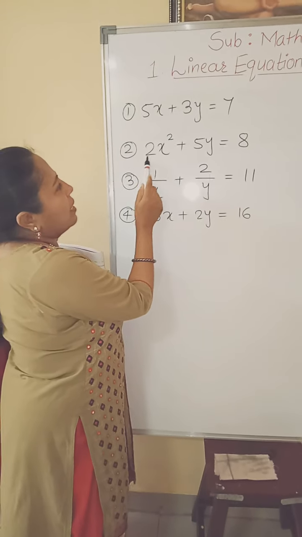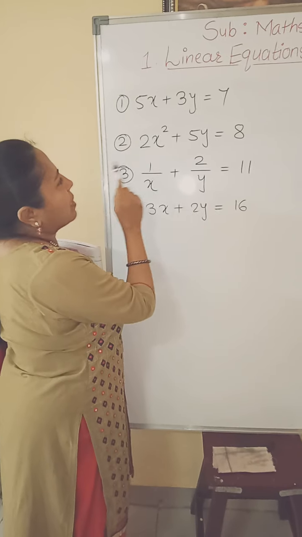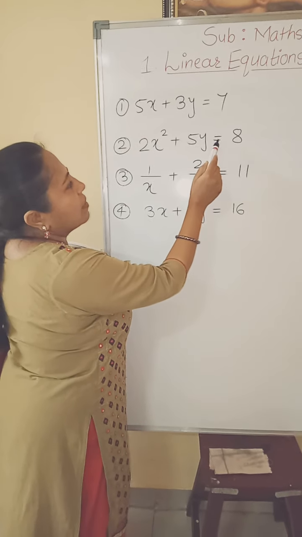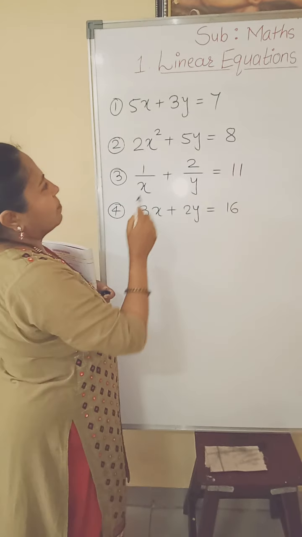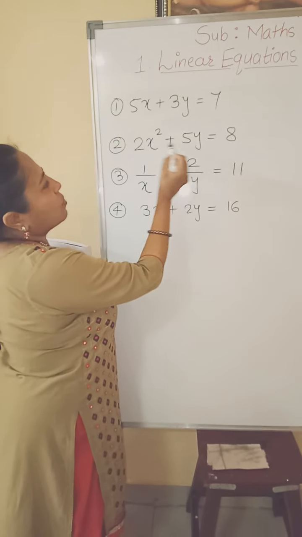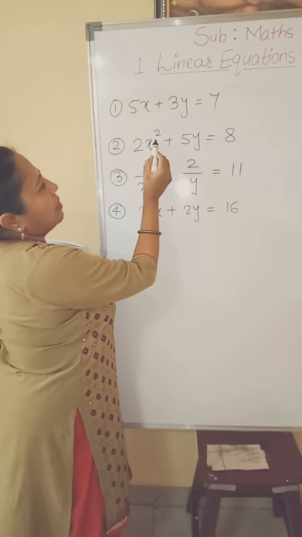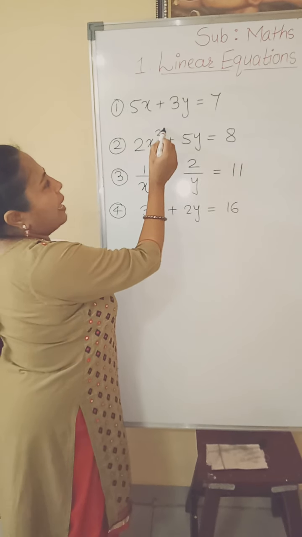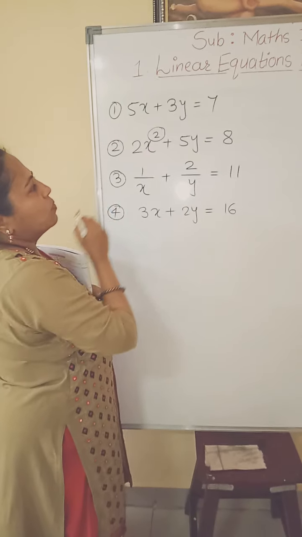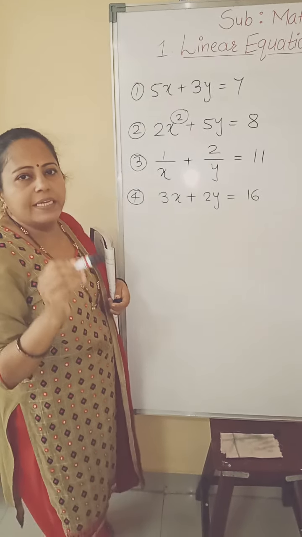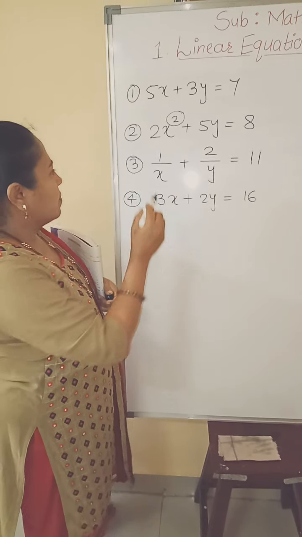Students, here you can see the second equation, 2x square plus 5y is equal to 8. Now in this equation also you can see there are two different variables, but here the power of variable x is 2. That's why this equation is not a linear equation.